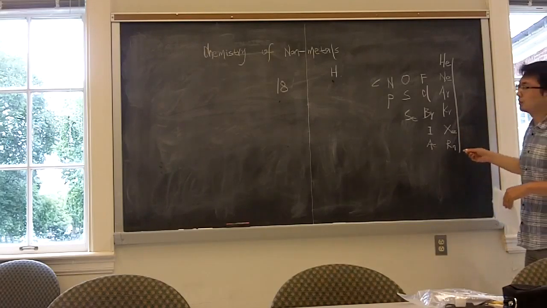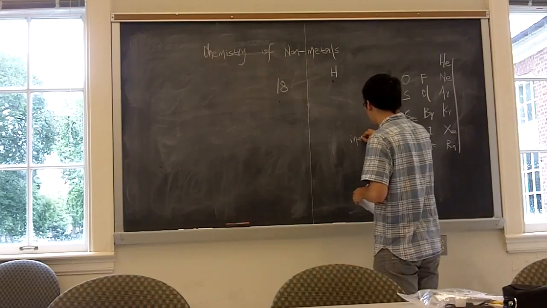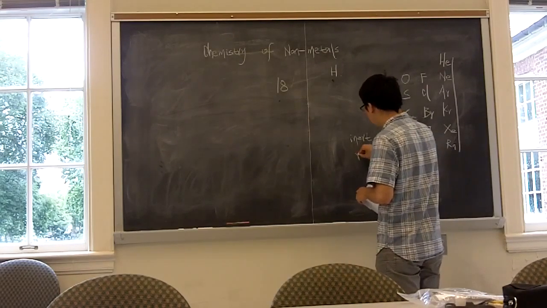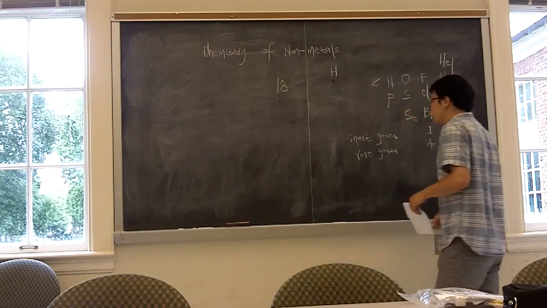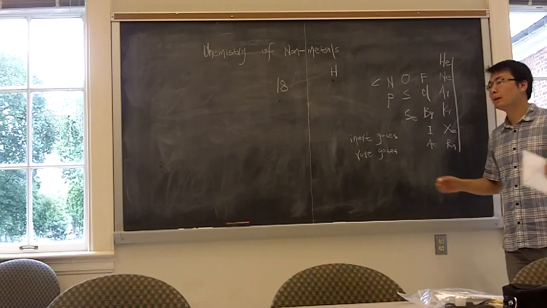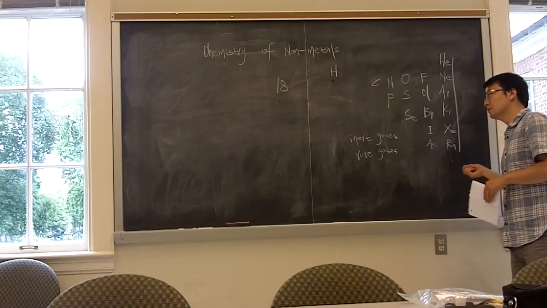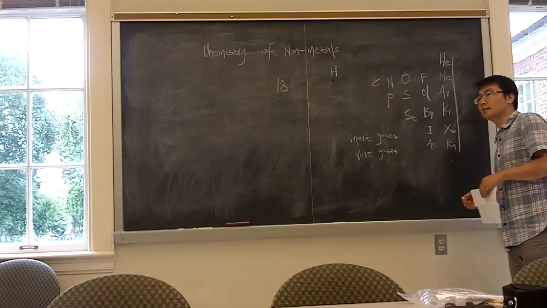All elements in this group are also called inert gases, or rare gases, because all elements in this group are quite stable and cannot react with any other element. They are also quite rare. We can separate these elements from the air, but the air contains only a little of the rare gases.